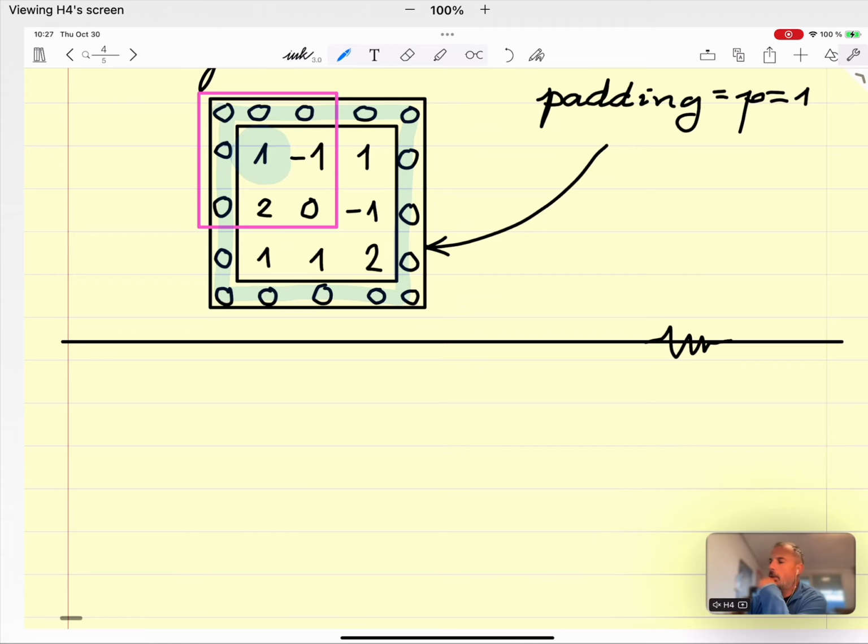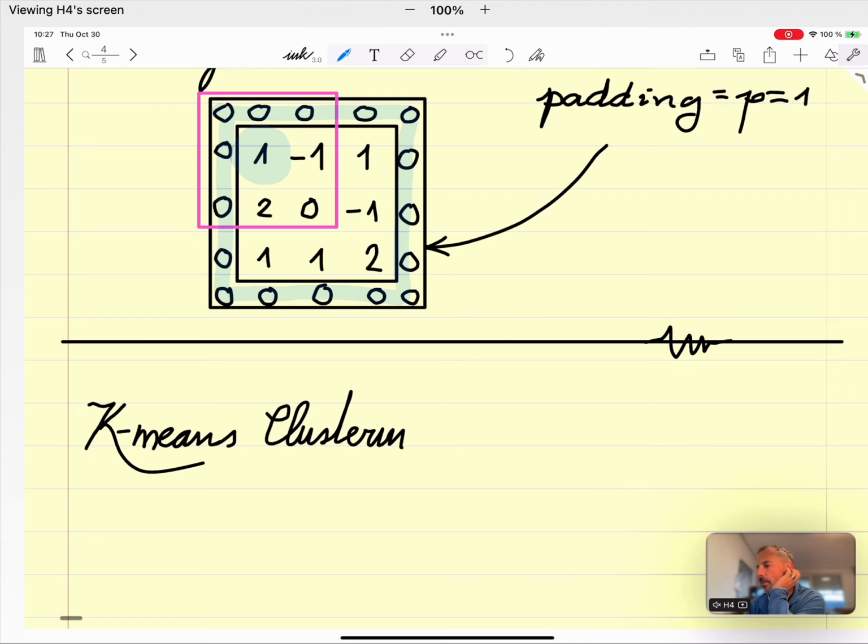Gut. Okay, then we start a different topic, called clustering, or specifically K-means clustering.